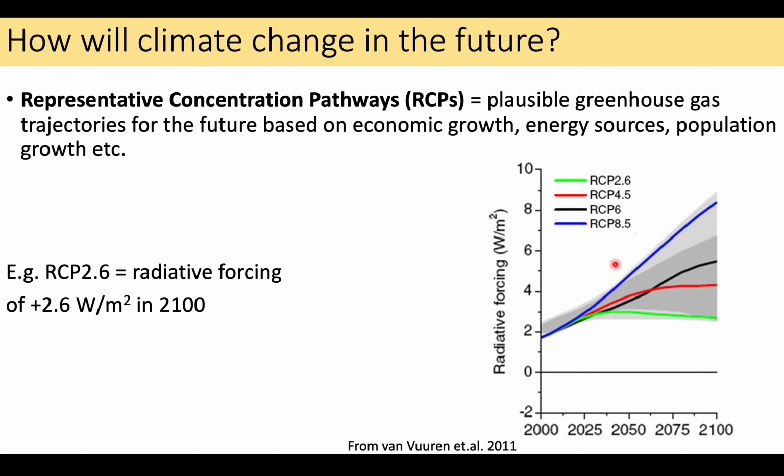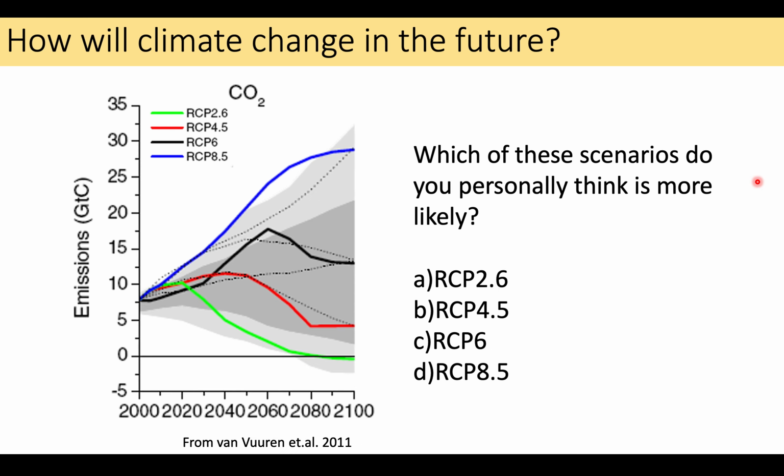Of our RCPs, the 2.6 is if we cut all emissions of carbon like 5 years ago, what would happen in our future? 8.5 is the most extreme that we look at. What if we keep increasing our energy to the point where in 2100 we have a net change of 8.5 watts per meter squared?